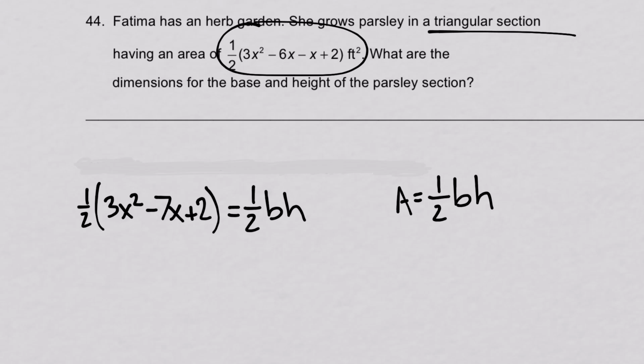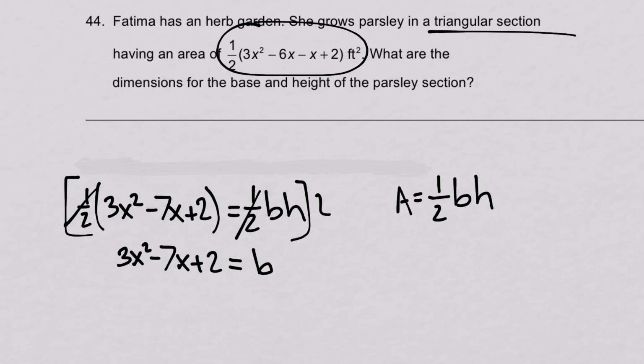Okay, so since I see 1/2 on both sides, I can multiply both sides times 2. And basically, both of those 1/2s will go away. So what I have is 3x squared minus 7x plus 2 is equal to the base times the height. And now my job is to figure out what is that base and what is that height. Right, that's the goal here.